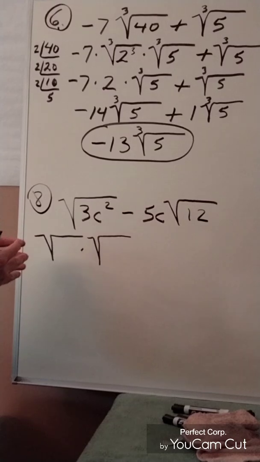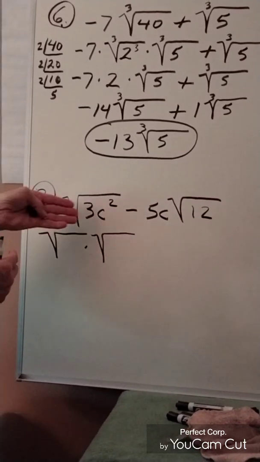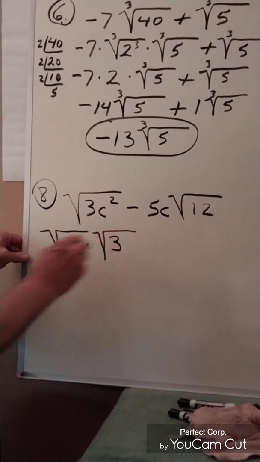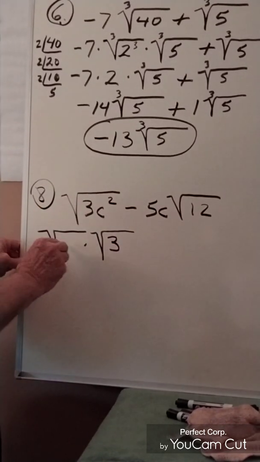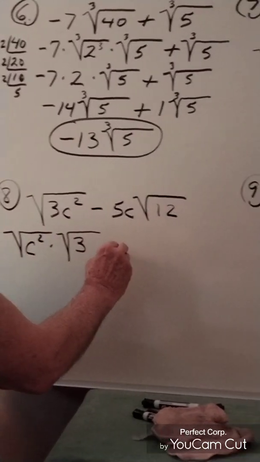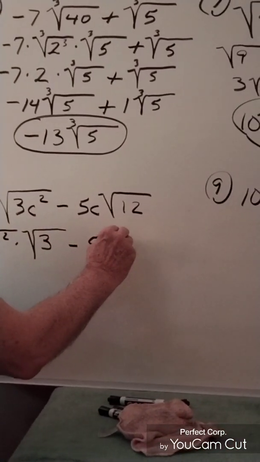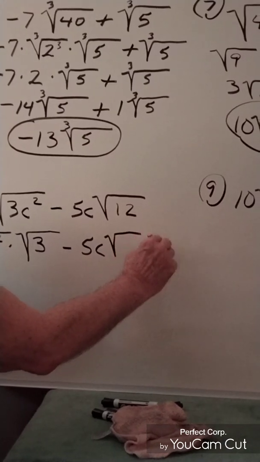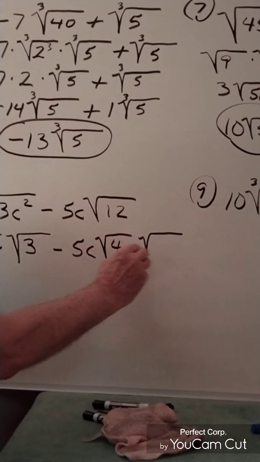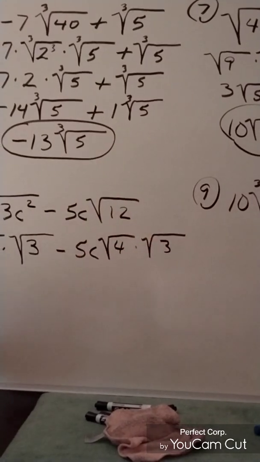You can't do anything with 3. He's not a square. He goes in the irrational house. Put the c squared in the rational. Minus 5c. 12, we've seen him already. He's got a 4 and a 3. There's the rational. There's the irrational.